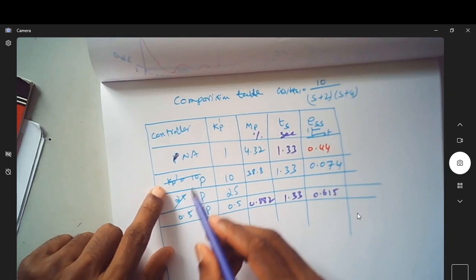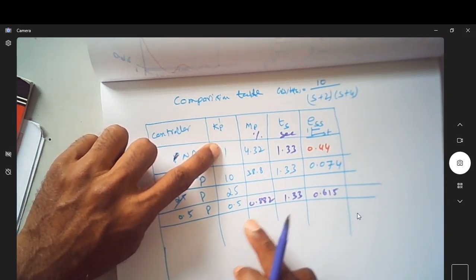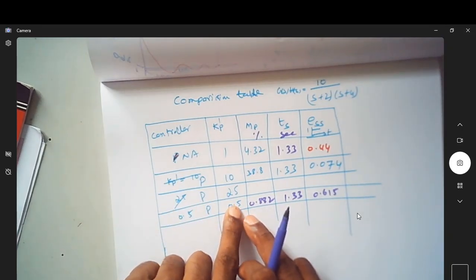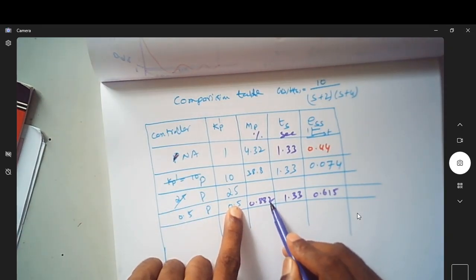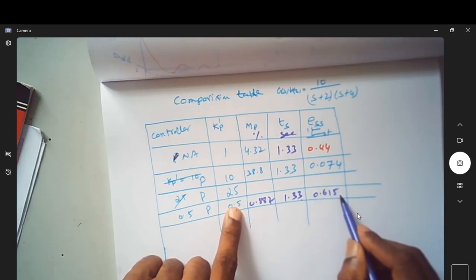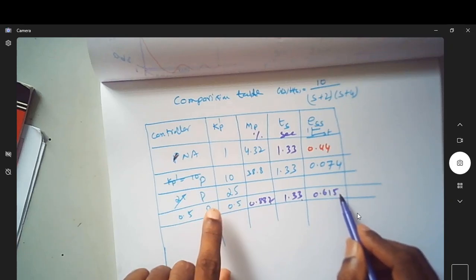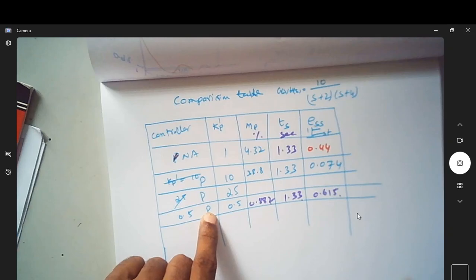Just compare no compensator, of course no controller. You have a controller with Kp which is less than 1. Can you see the overshoot has reduced? The settling time remains almost constant, but you can see ESS is more. The steady state error is more if the value of proportional controller is less than 1.